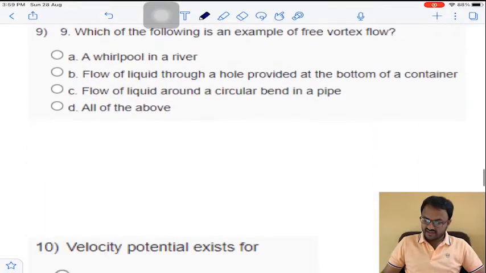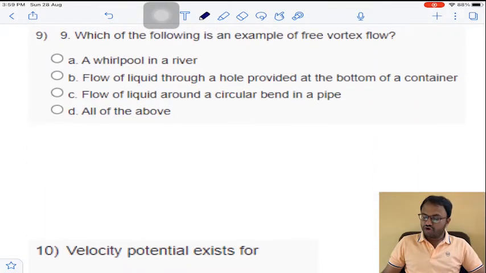Next question. Which of the following is an example of free vortex flow? First of all, we need to know what a free vortex flow is.